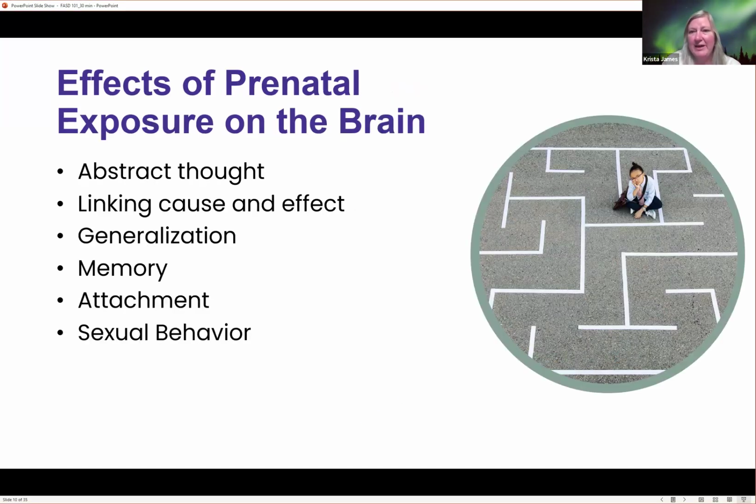So next slide, we're looking at the biological basis of FASD. FASD is a result of the effects of that alcohol on the fetus. Pregnancy lasts 40 weeks, and the fetal brain is vulnerable during that entire pregnancy.